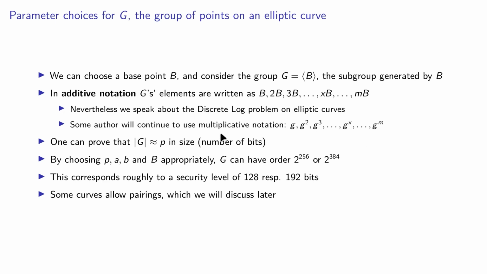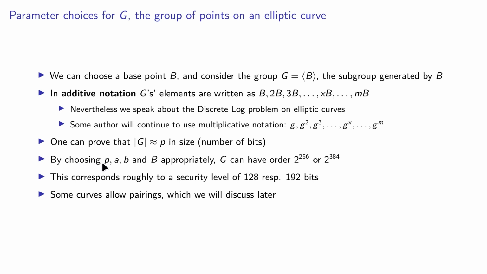Now, what do we know about the size of this group? That is not an easy question. There are some heavy theorems underlying this. But what happens essentially is that the size of this group can be, with the right choices of parameters, more or less the size of the prime number. When I say more or less, I mean this in the number of bits. So the number of bits of the group is about the size of the prime number.